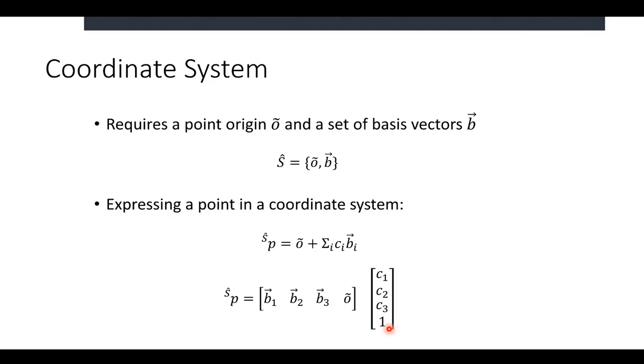So this is another trick that you can use to combine these kinds of things together, right? So I have B1, C1, B2, C2, B3, C3, and then my origin and a 1. And yes, the C's are the distance down each axis that I'm going to walk. And we'll go through some examples as we talk about things like rotations.